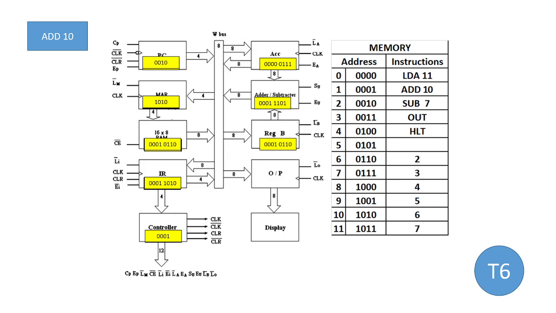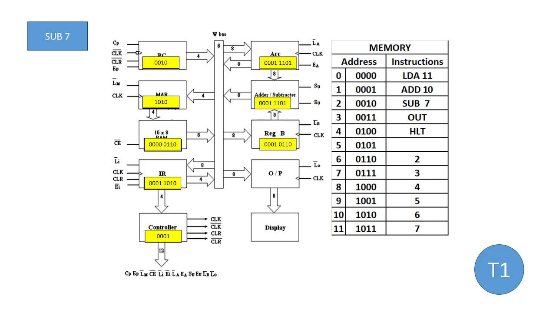And on T6, the result will be sent to our W bus and will be accepted in our accumulator. So the active pins here are the EU and the LA. So let us change the value here in our accumulator since we have a new value.